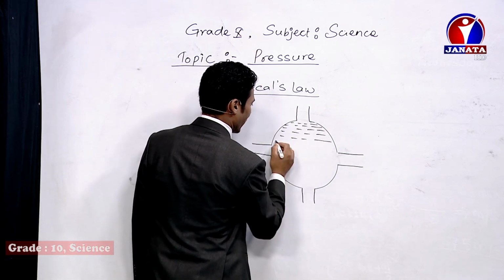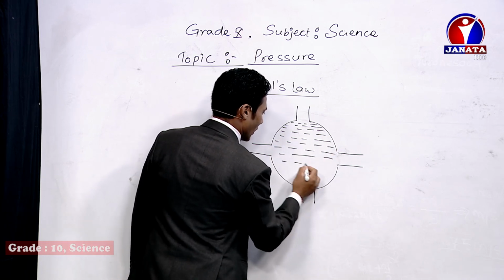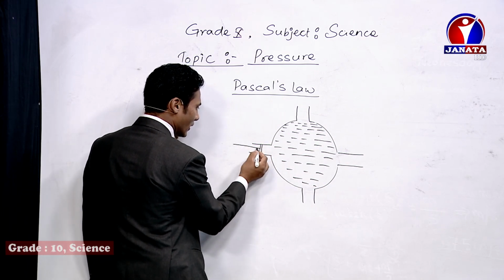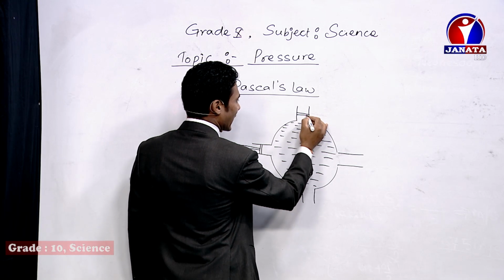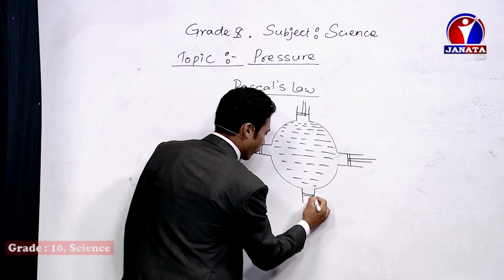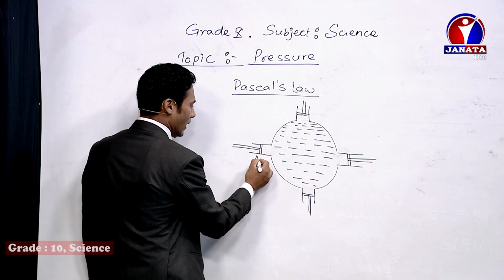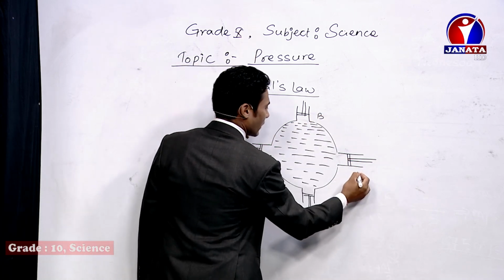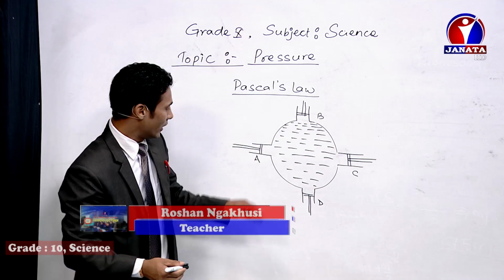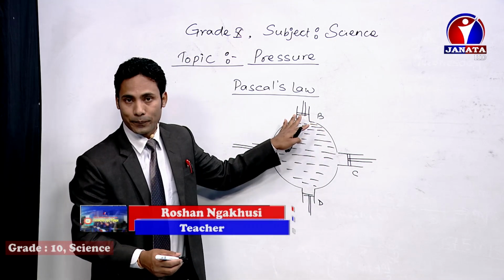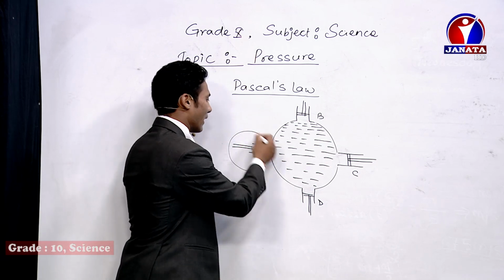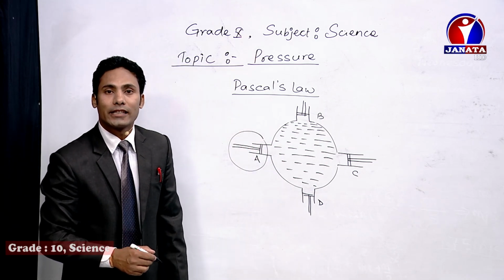Let us say this is piston A, this is piston B, this is piston C, and this is piston D. If these pistons have equal area, and I apply a certain force on piston A, then a certain pressure is exerted on it.